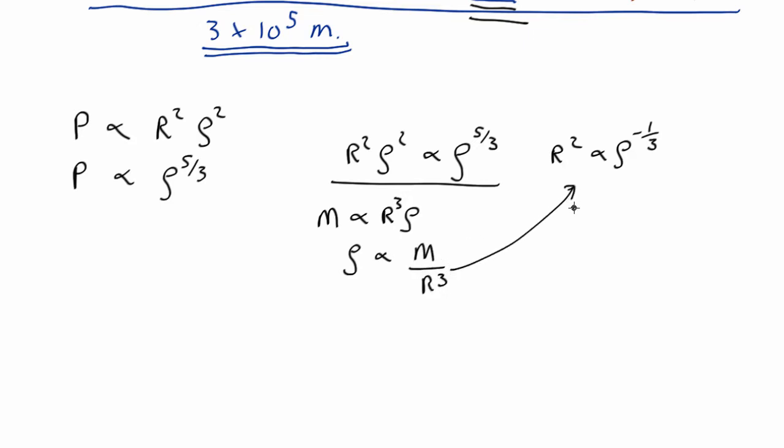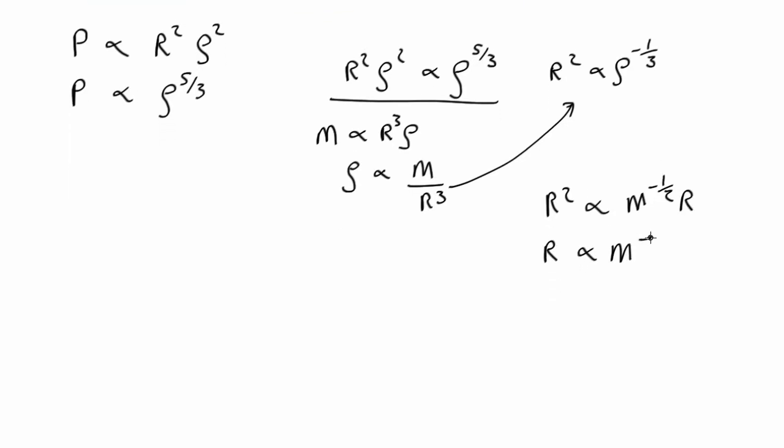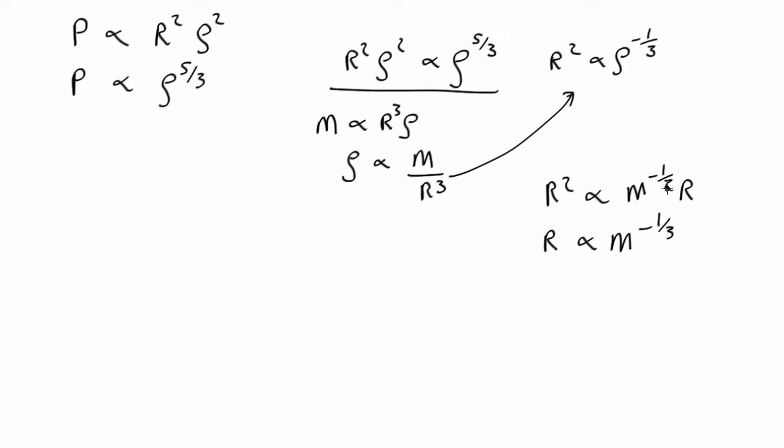So plug this in here, we end up with r squared proportional to m to the minus 1/3 and r to the 3rd times minus 1/3, which is just r. So we end up with r proportional to m to the minus 1/3. That should be a third there, which is what we said.